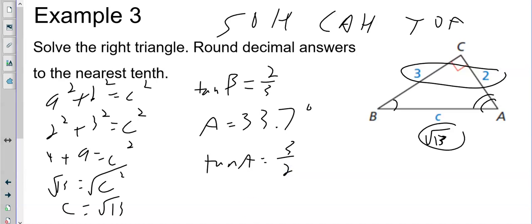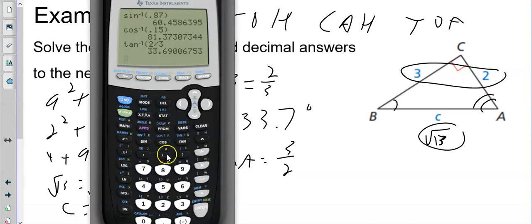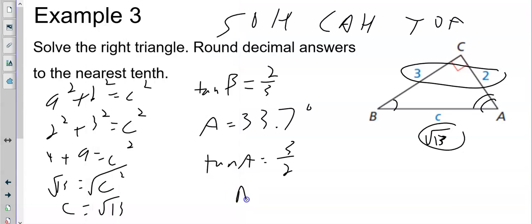So we type in second tangent, 3 divided by 2. And that gives us 56.3 degrees. Oops, I wrote A up here when it's supposed to be B. A equals 56.3 degrees. And if you notice, these two add up to 90.